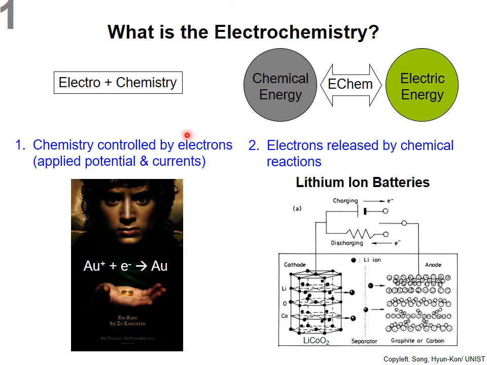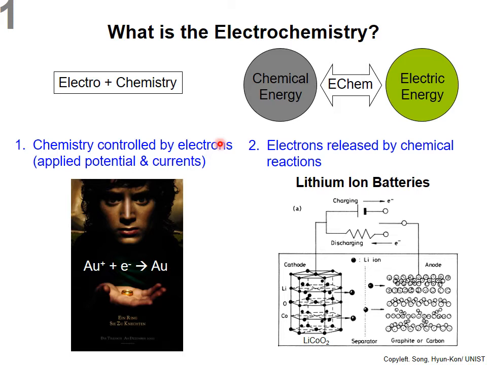In this case, I have taken the first keyword, electro, as the driver, and the second keyword, chemistry, as the resultant process. So the electrochemistry can be defined as chemistry, the process, controlled by electrons, the driver.